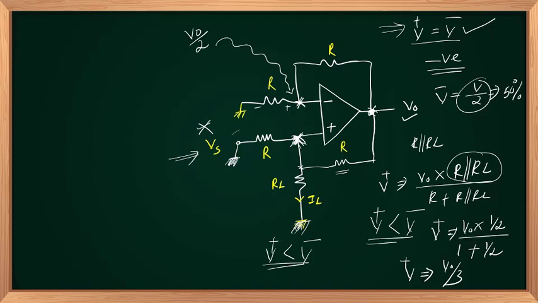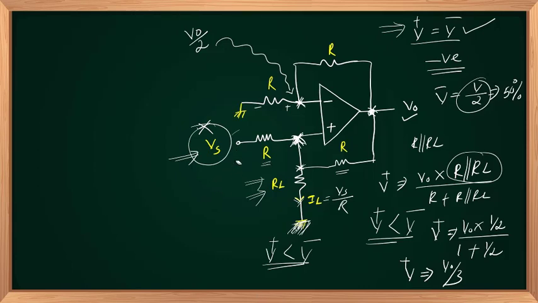Here we have to identify the expression of current IL, and it will be independent of RL, implies irrespective of the load connected between positive input and ground, the current flowing through that load, IL, will be independent of the load resistance, and in this circuit IL will be equal to Vs upon R. Vs is this voltage source and R is this resistance.